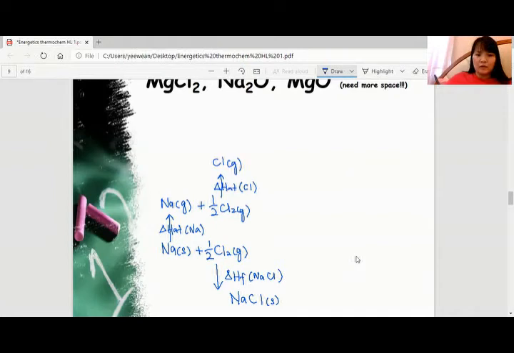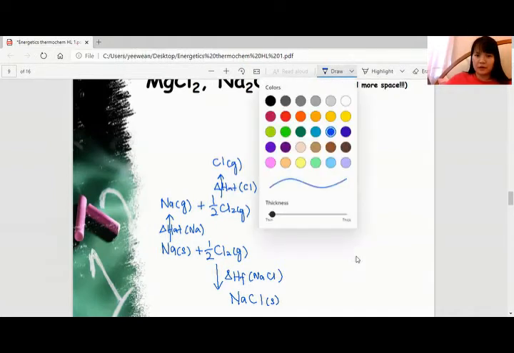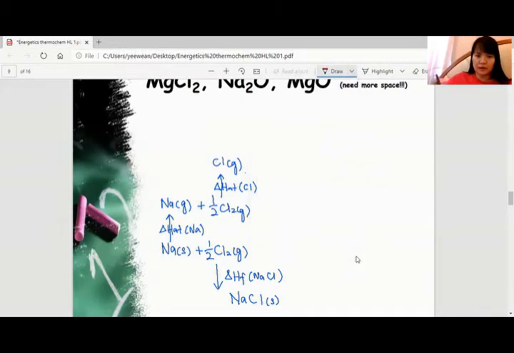So I get a mole of chlorine atoms, but if you haven't noticed, this is equivalent to bond energy, but not exactly the bond energy, half of it. Why do I say it's half of bond energy? Because for bond energy, you will need to break a mole of covalent bonds, and now we're only breaking half a mole of covalent bonds.